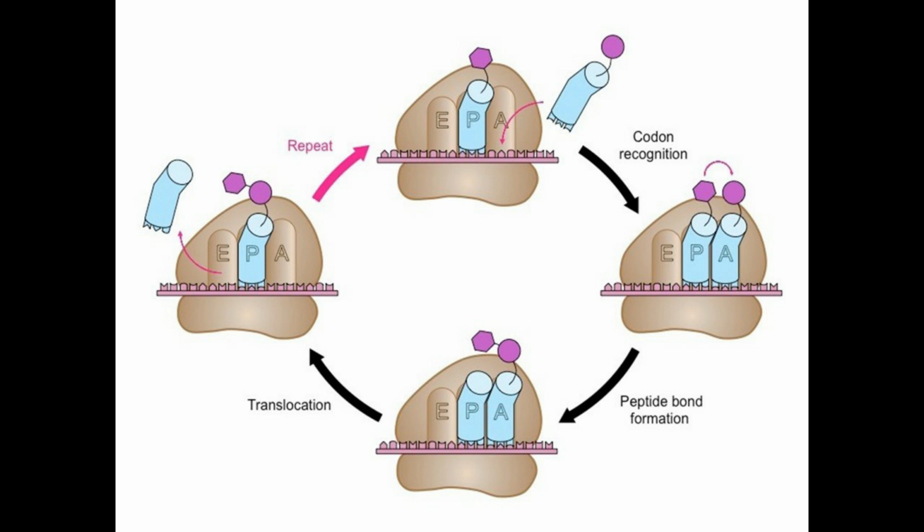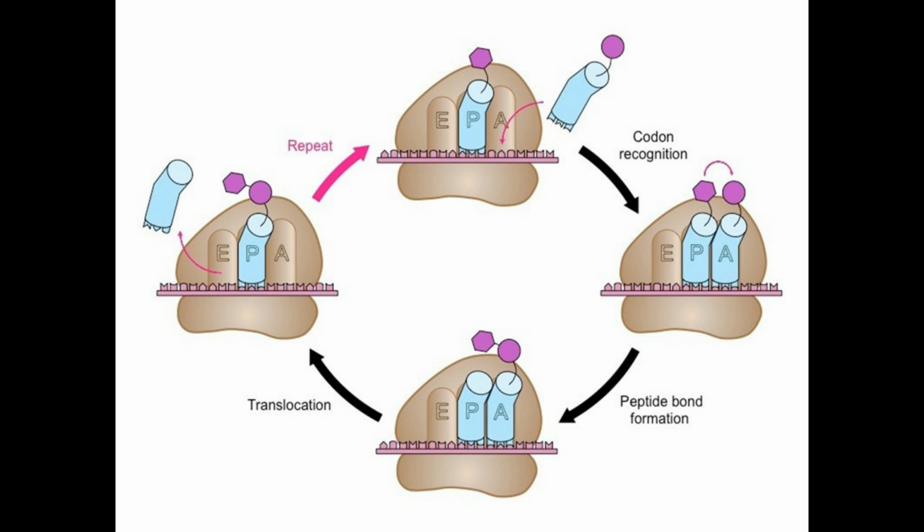That means to the tRNA which is now located on the A site. As a result, we get a dipeptide, and this is synthesized by peptide synthetase or peptidyl transferase, and the process is called transpeptidation. Now the ribosome moves forward.